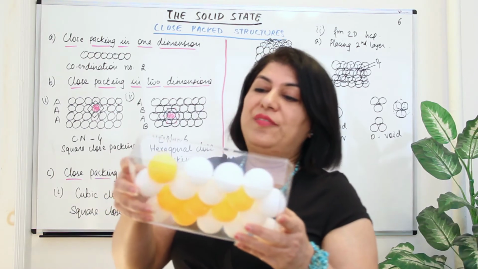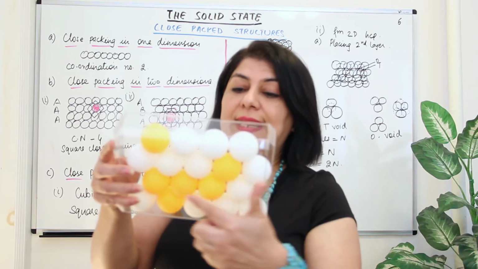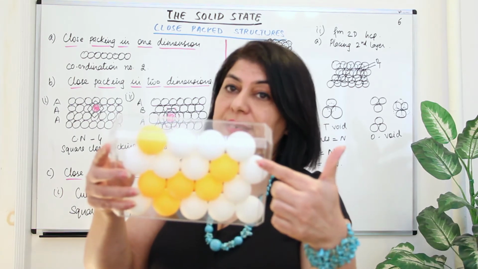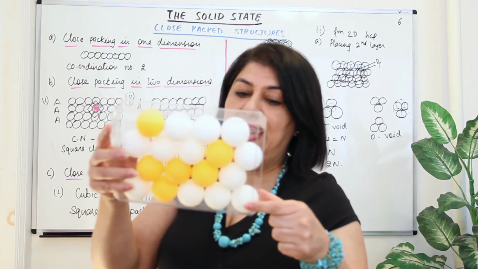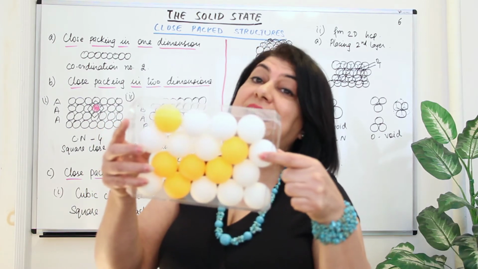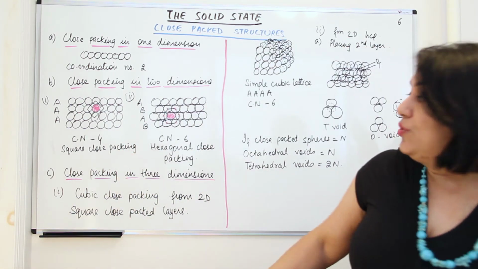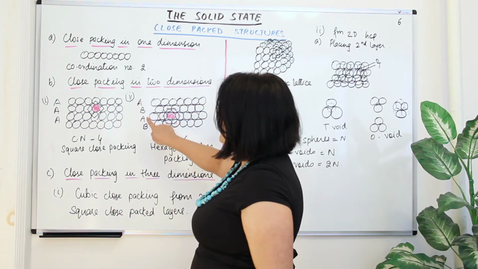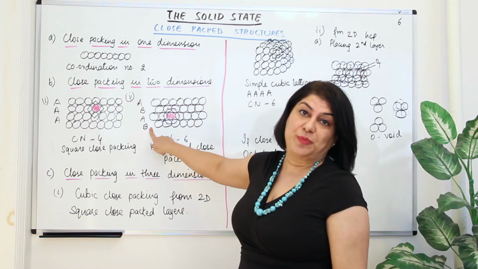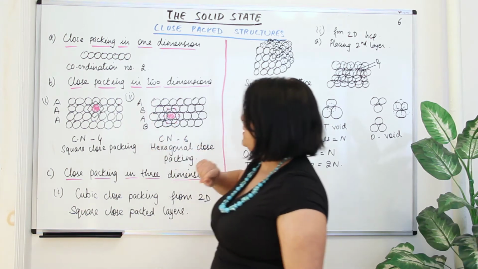So if this is A, then the second line is B, then the third line is again A and the fourth line is B. So what kind of an arrangement do we have? The AB kind of an arrangement. In 2 dimensions, you will get an AB kind of an arrangement.